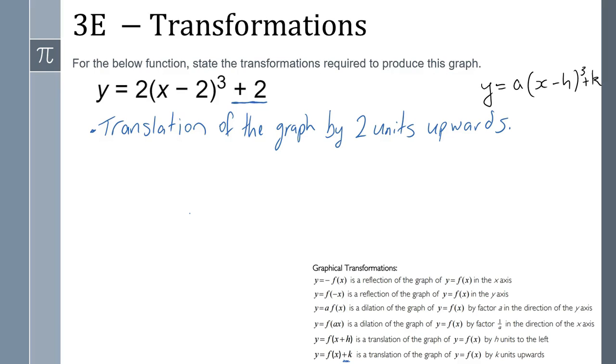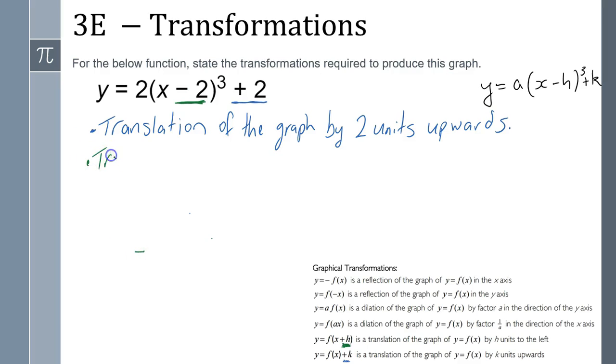Okay, let's do another one. Let's do this -2 here. So we're looking at h. So I'm going to go down, I'm going to find h. There it is there. So that's plus h, and that's moving it to the left. Okay, we've got a -h, so we're going to be doing the opposite. We're going to be moving to the right.